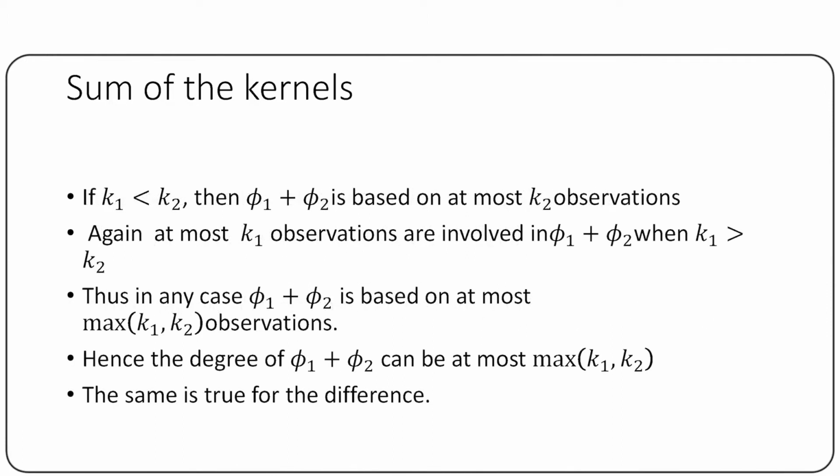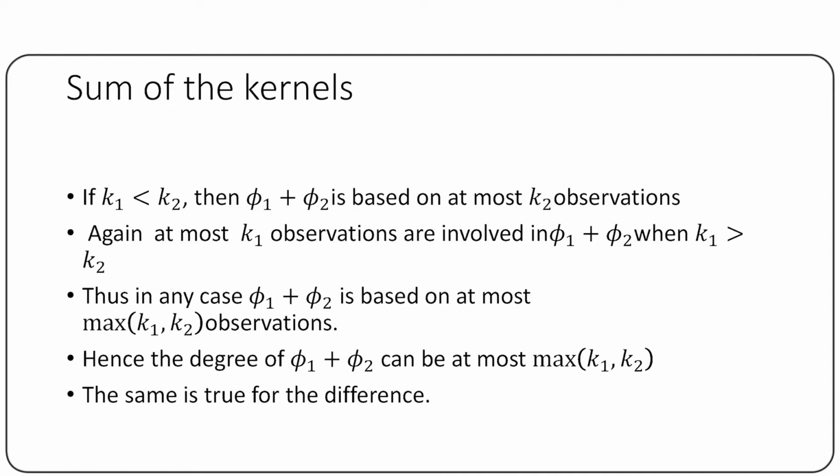So, we start by assuming k1 less than k2. Then phi1 plus phi2 is based on at most k2 observations. On the other hand, if k1 is greater than k2, then phi1 plus phi2 is based on at most k1 observations.